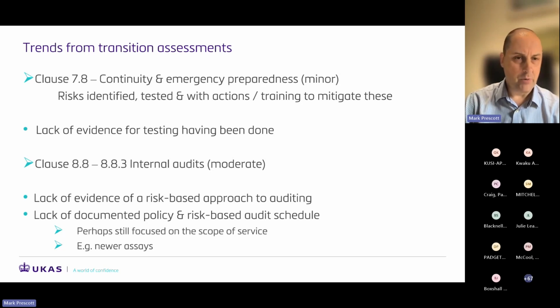I see examples, I put neuroassays at the bottom there. We do see examples where laboratories might do an extension to scope and implement some new procedures, but actually put it at the back of the audit schedule and audit it in 12 months' time. Well, you could argue it's a higher risk, and so it should come forward in the audit schedule. So do have a look at your audit schedules and have a think about the risk-based approach to that.